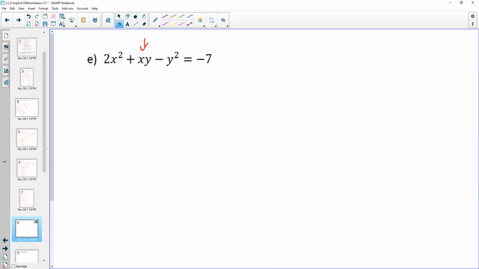So when we multiply two things together, what is the answer? When you add things, you get a sum. When you subtract things, you get a difference. Yeah, it's a product, right? So we're going to have to use our product rule for this. Very good, Samson.